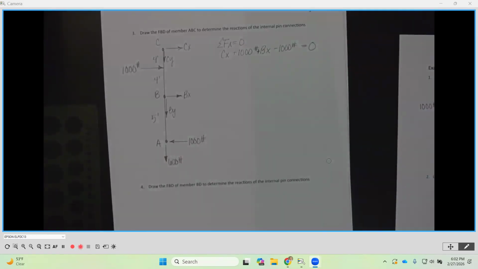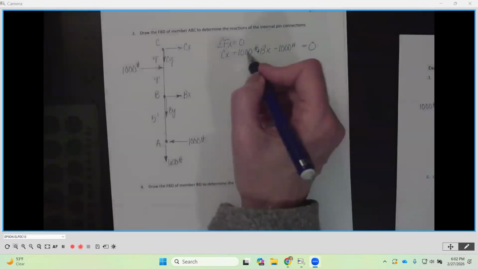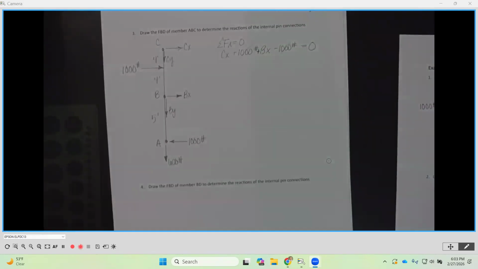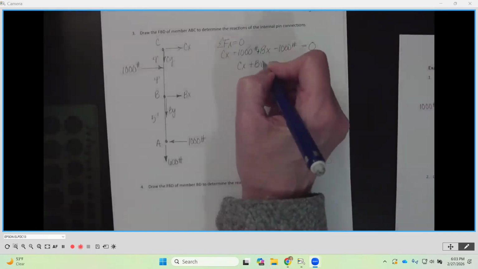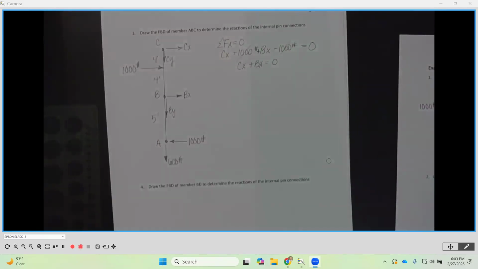As we can see, the 1,000s cancel each other out, so we have Cx plus Bx equal to 0. Those are two unknowns, so we can't solve it at this point. We're just going to let that sit there. We're not afraid of that. We'll come back to it and fill it in.